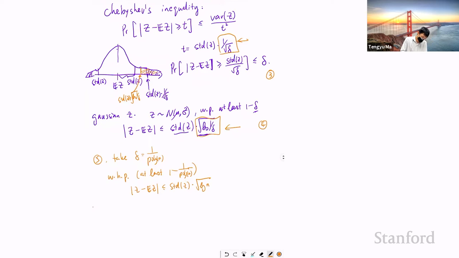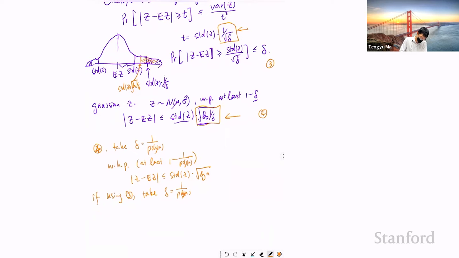However, wait, this is number 4. Sorry for the confusion. If you use number 4, if it's Gaussian-like, then you get this. But if you use number 3, and you take delta to be inverse poly, then with high probability z minus expectation z is less than std of z over square root delta, which is std of z times poly.